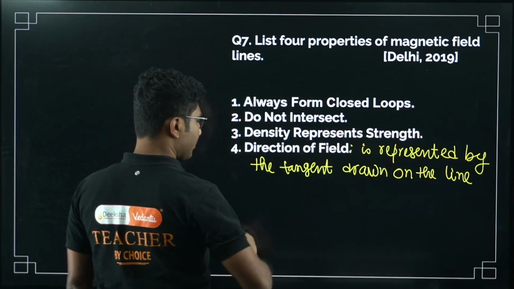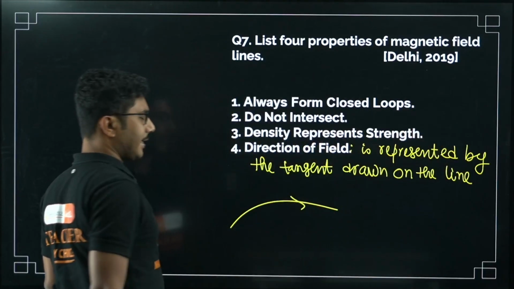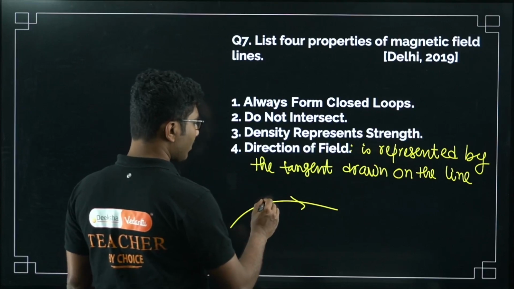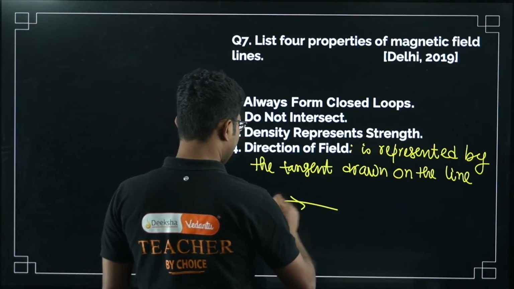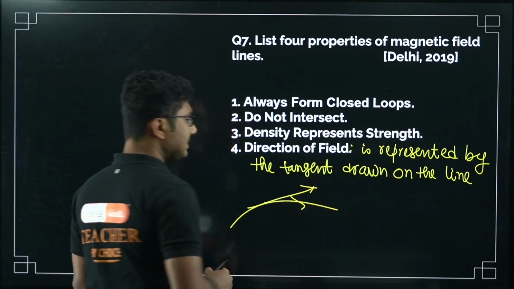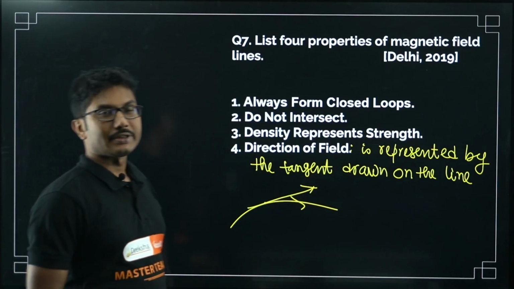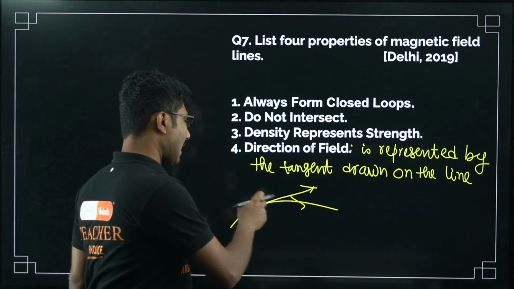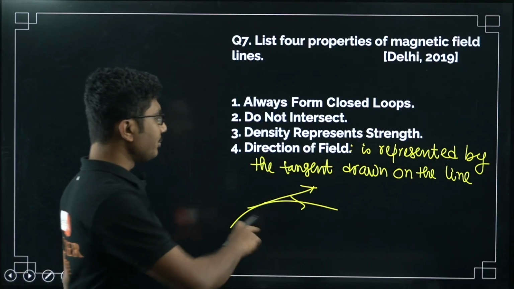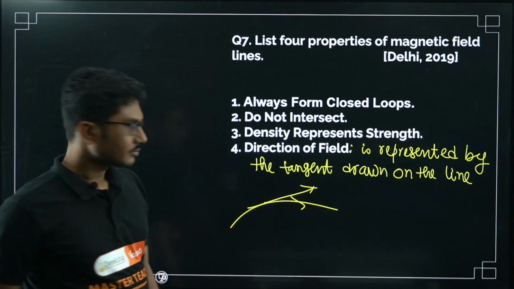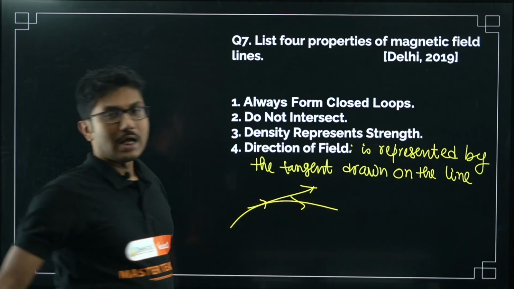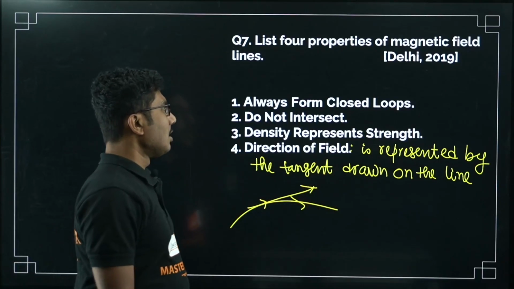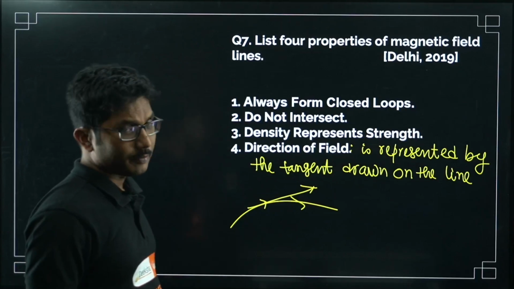Suppose there is a magnetic field line like that. I want to say what is the direction of the magnetic field at this point. So we will draw a tangent at this point, and this tangent will represent the direction of the magnetic field at this point. The sense should be in the direction of the line. As you can see, the field line is moving in this direction, so obviously it will be the direction of the magnetic field. So you can find the direction of the magnetic field.